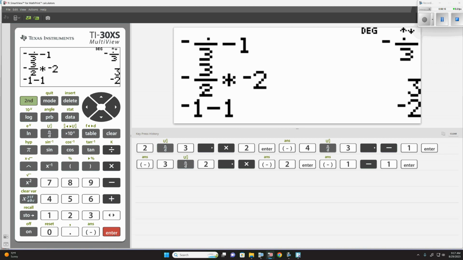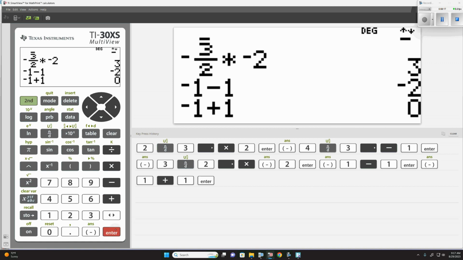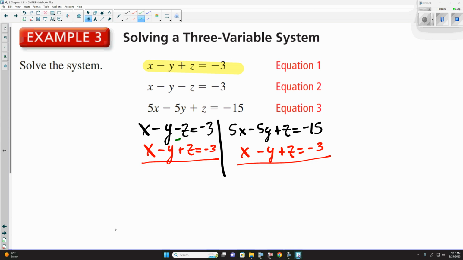So let's try addition. Negative 1 plus 1 is 0. So in this case, we need to add. If the signs are the same, we subtract. If the signs are opposite, we add them together. So here, we're actually going to be adding.